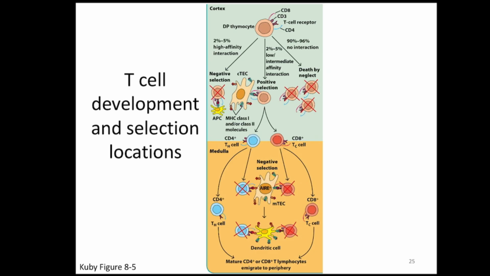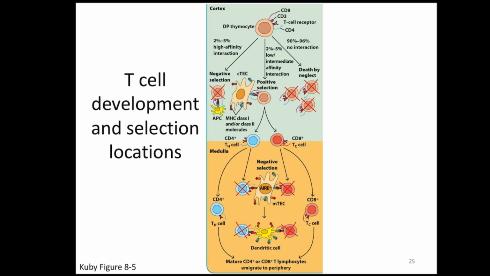What you can also notice, I erased it, is if you think about our plot of T cells in the thymus, the double positives is the biggest population. That's because that's right when the proliferation has just happened.